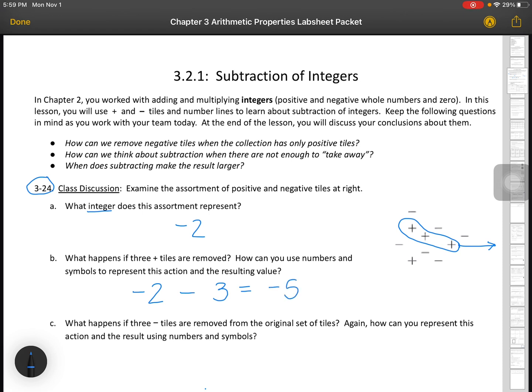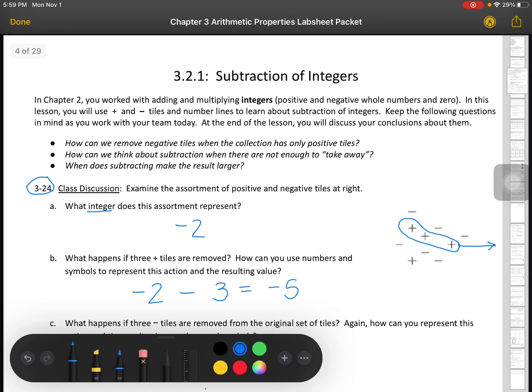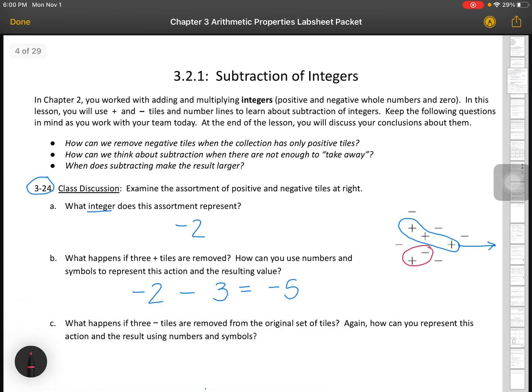So we had a -2, we took away 3 positive tiles, and we're left with a -5. Now, I can change colors here and show you guys quickly. We know that if we have a -2, we're taking away 3 positive tiles, we're only left with 1 zero pair here. Once I get rid of that zero pair, I'm left with 1, 2, 3, 4, 5 negative tiles, or that's where we get our -5 from.